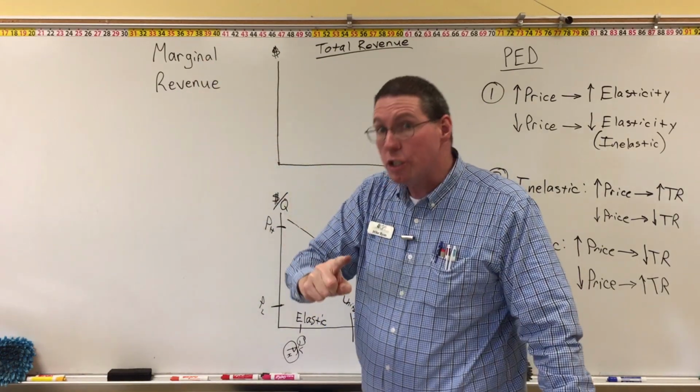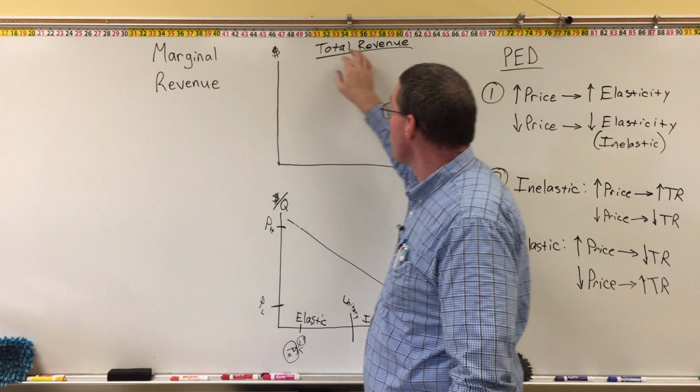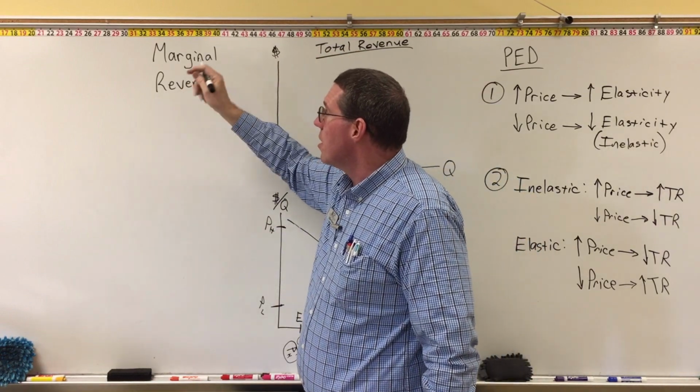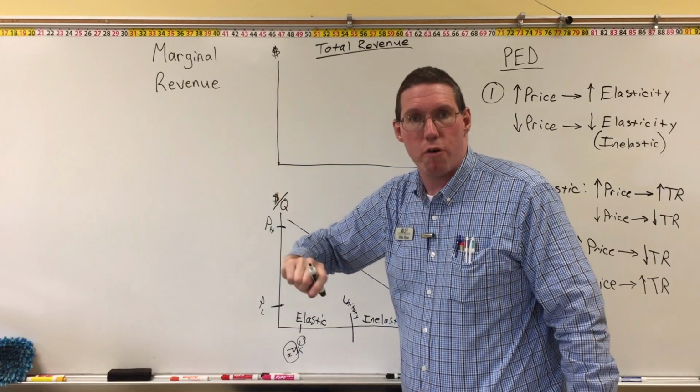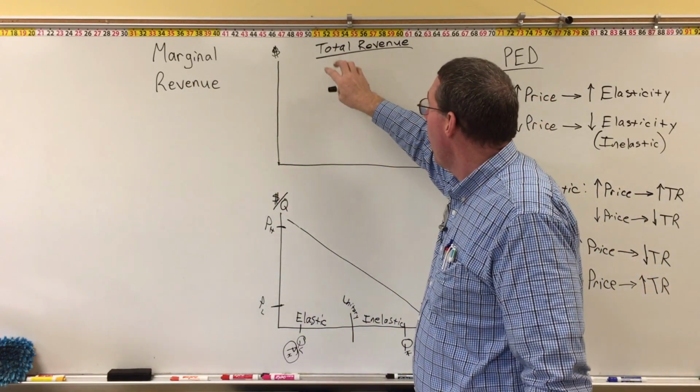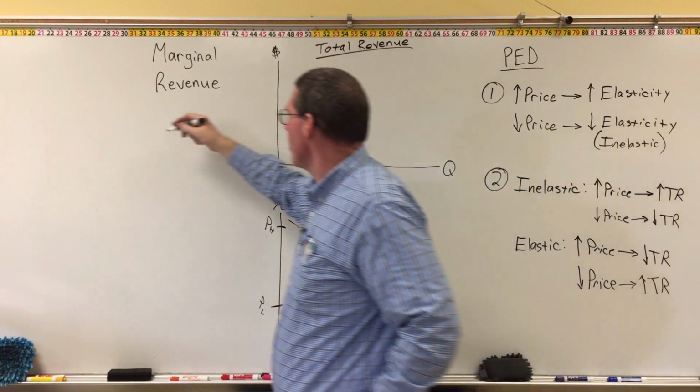And I want to remind you that marginal revenue is related to total revenue. That marginal revenue is the little bit of increase in total revenue. So, let's put this over here.